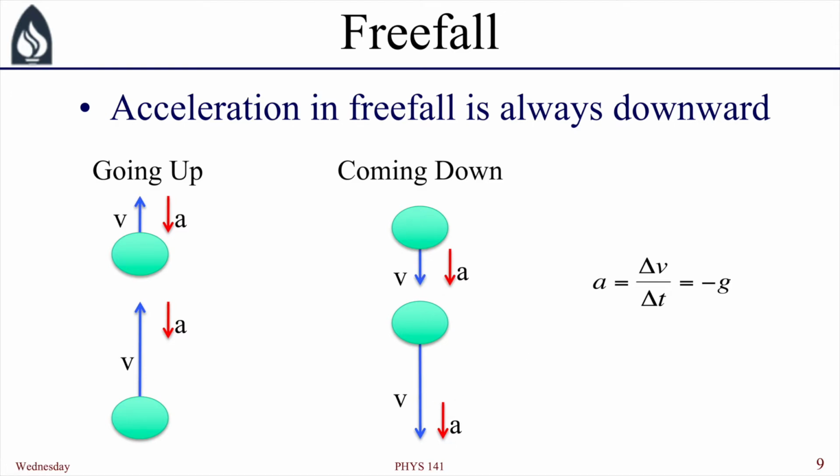So remember that if an object is not being pushed or pulled by anything but gravity, then that object is in free fall, whether it's moving up or moving down, and its acceleration is equal to minus g, or minus 9.8 meters per second squared.